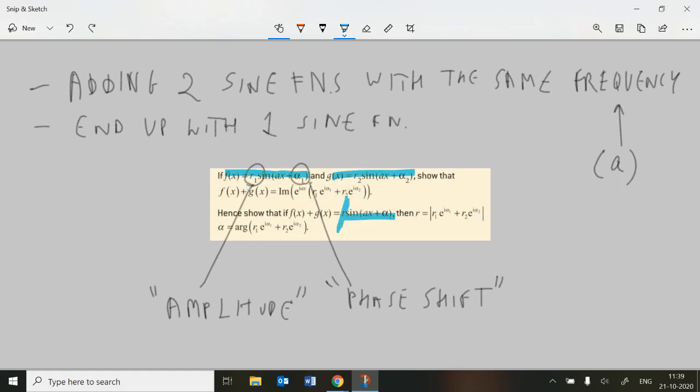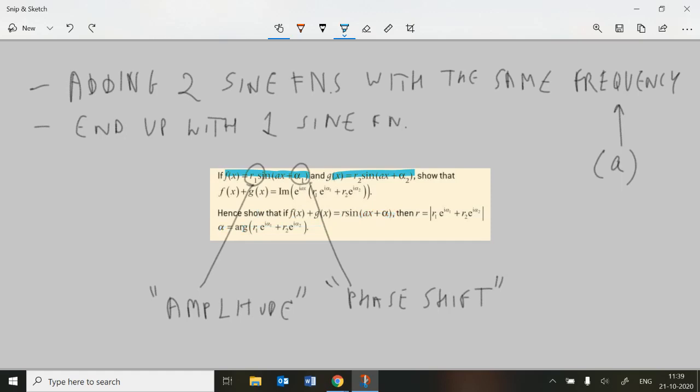So this is just another constant. The way in which we find that constant is by doing this, and I'll talk about that in a while. And then the phase shift is this, and that's again a combination of using the other R's and the other alphas, so alpha 1 and alpha 2 and the other R's.